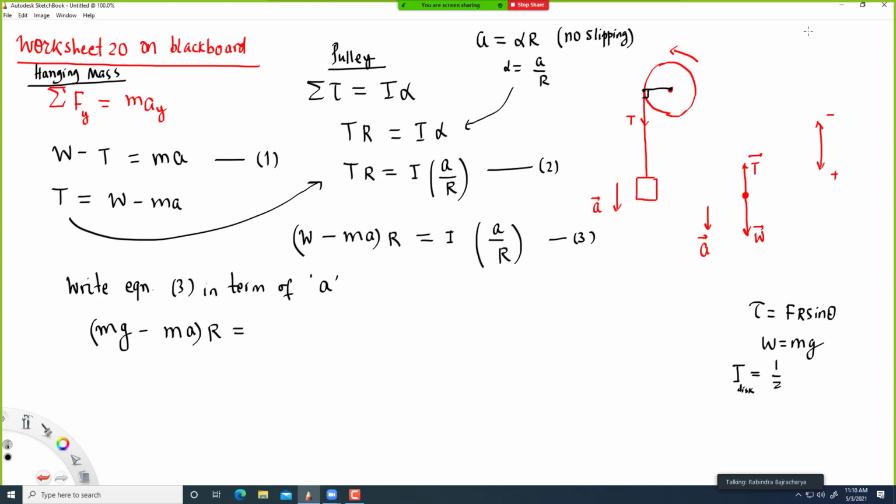So any disc that rotates about its center is 1/2 mr squared. So we can replace this I by 1/2 mr squared, and then we have A over r. Okay.